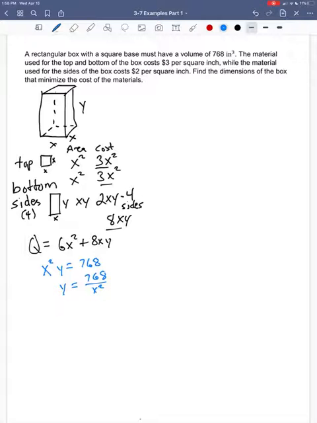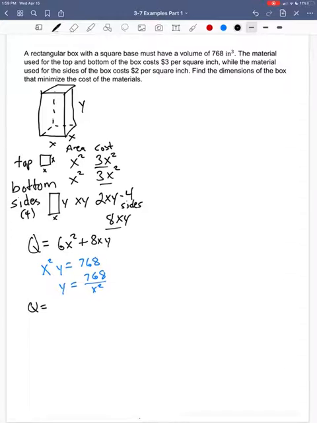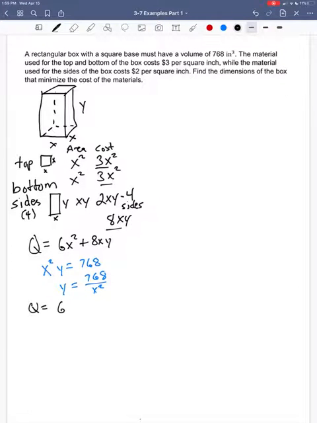And now I can substitute that back into my function for q. So we get 6x squared plus 8x times y. So this x will cross out one of these x's, and I'm going to rewrite it then using a negative exponent.